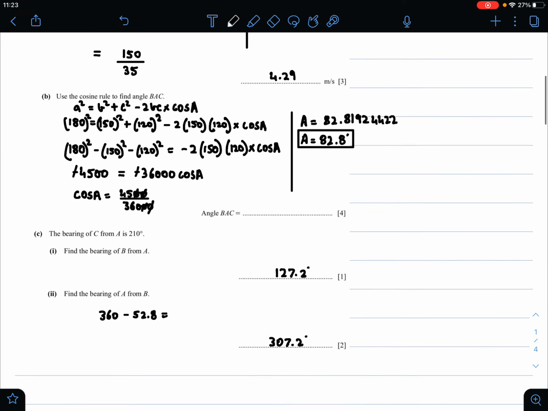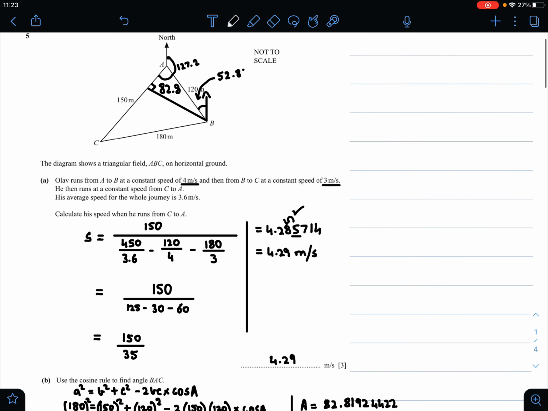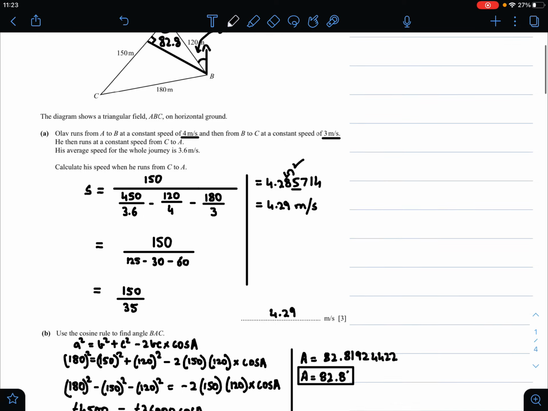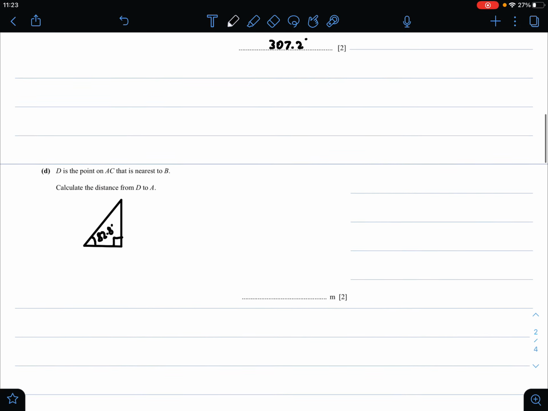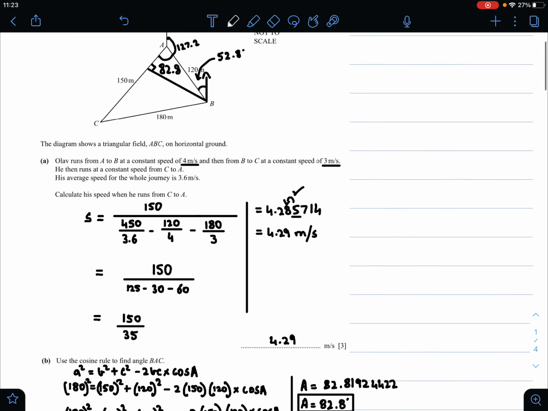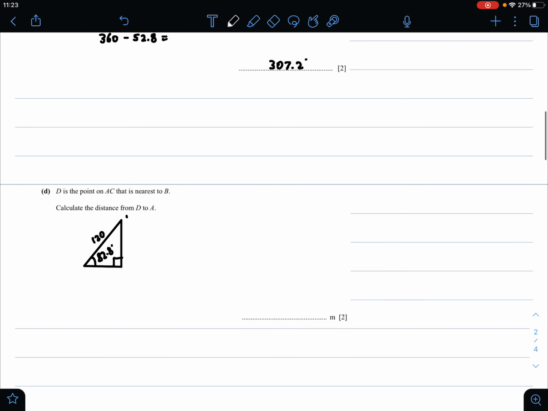Now we have the hypotenuse of the triangle, in this case, which is AB. So that is 120 meters. So we can label that as 120. And the third side would be D. A, B, D. We have just labeled the triangle.